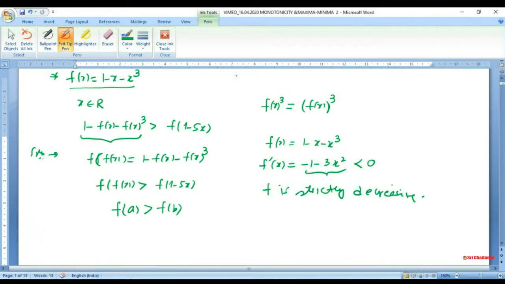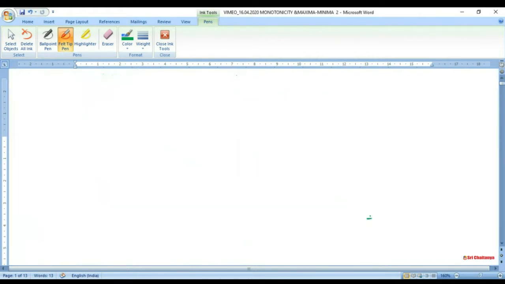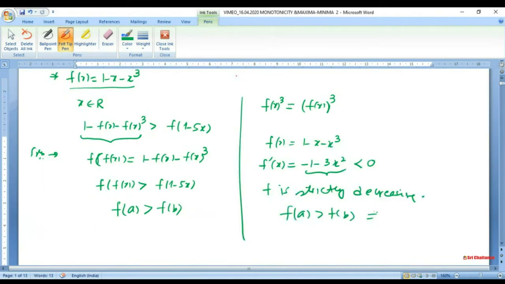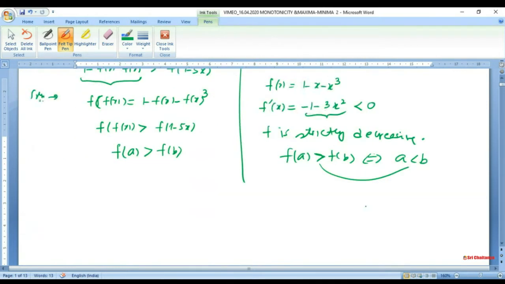If it is strictly decreasing, that means by definition that f of a greater than f of b is equivalent to saying that a is less than b. Means the sign must be turned. This was greater than, so it becomes less than. Using this idea, we are writing now this.